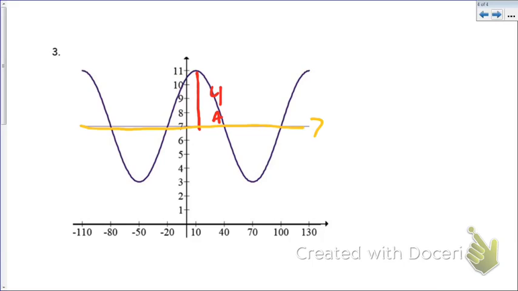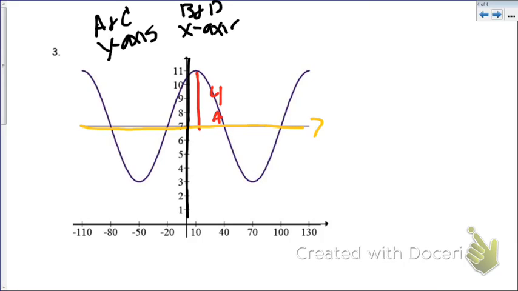So a and c are both based on the y values. So I look at the y-axis whenever I'm filling in a and c. Then when I look for b and d, those are based on the x-axis.